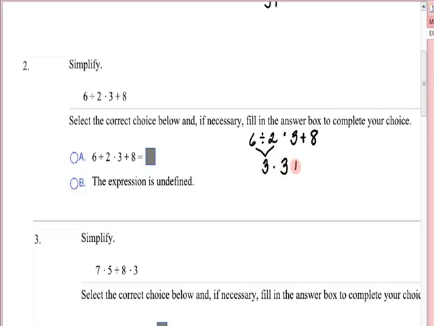Copy down the rest of the problem. Still any multiplication or division? Yes, here's some multiplication. 3 times 3 is 9, plus 8, and 9 plus 8 is 17. So I needed to do those in the order. Please excuse my dear Aunt Sally. Remembering that multiplication is not more important than division. It's as you see them, left to right.